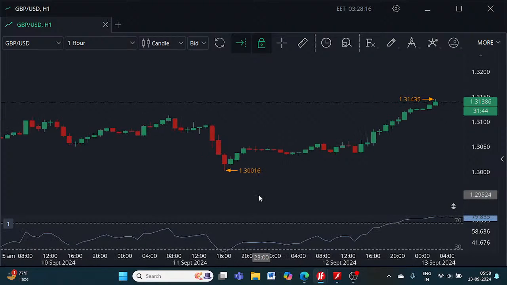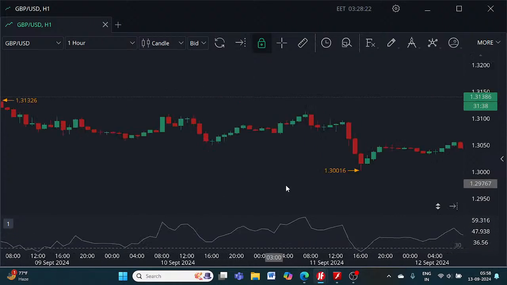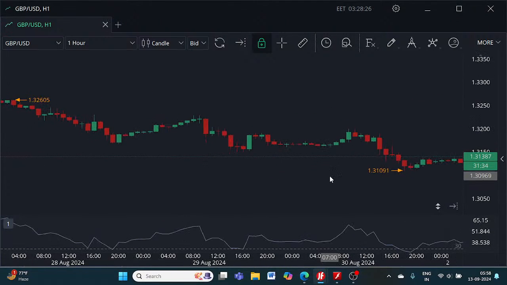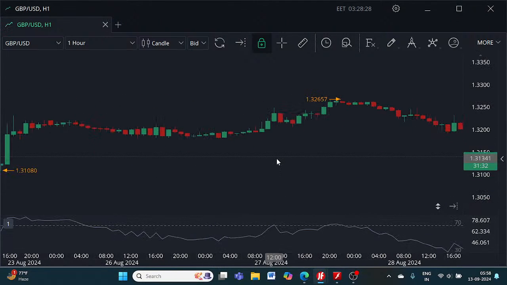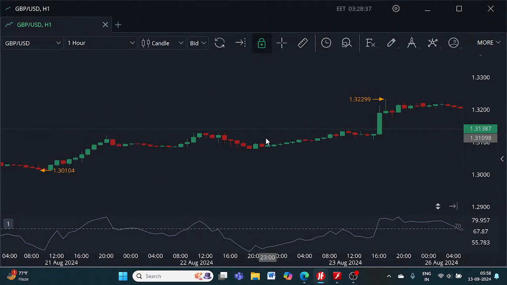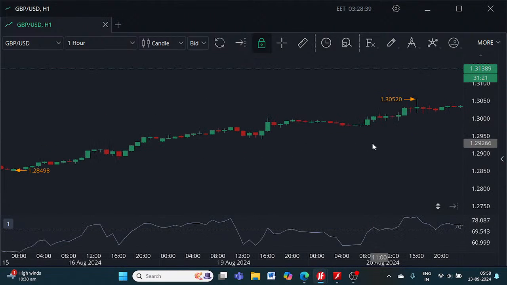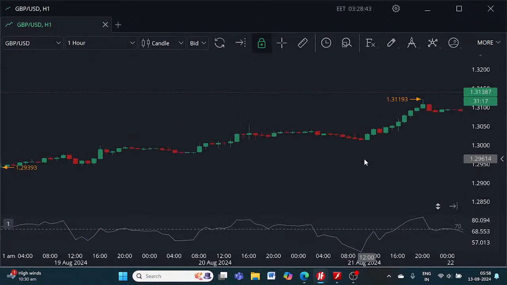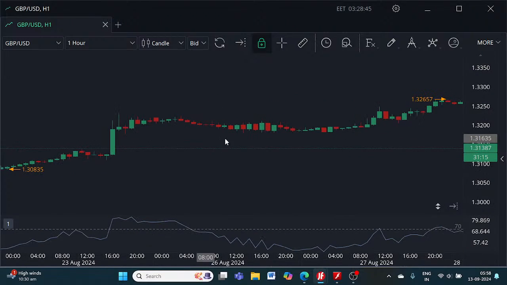As I told you beforehand, the RSI is used to measure the momentum. If you take this price action into account over the last couple of weeks, you will see that the momentum has shifted gears. Sometimes it is bullish, sometimes it is strongly bullish, sometimes it is bearish, sometimes it is strongly bearish.